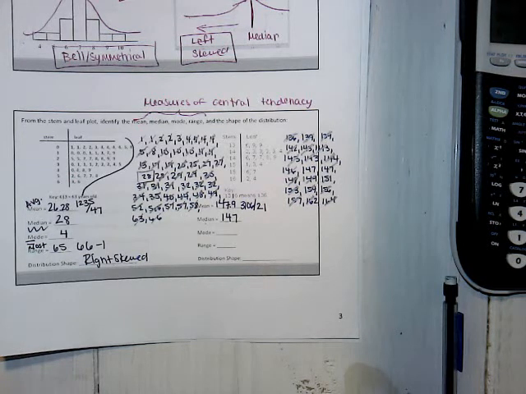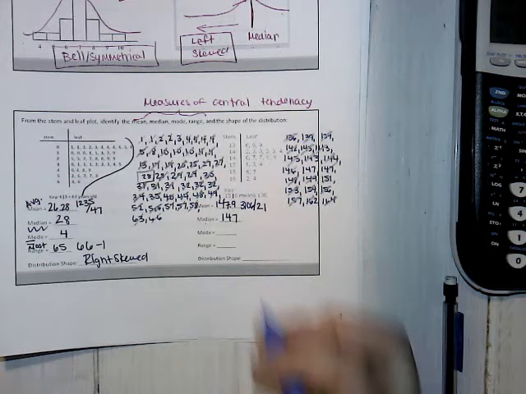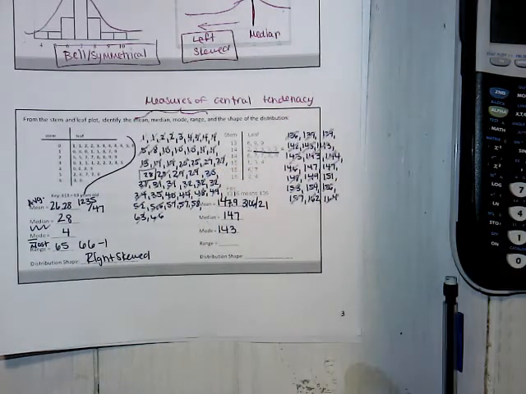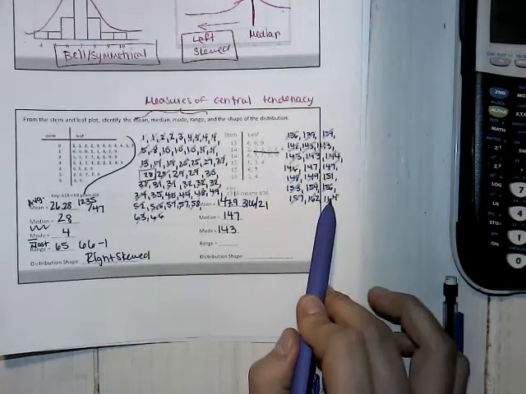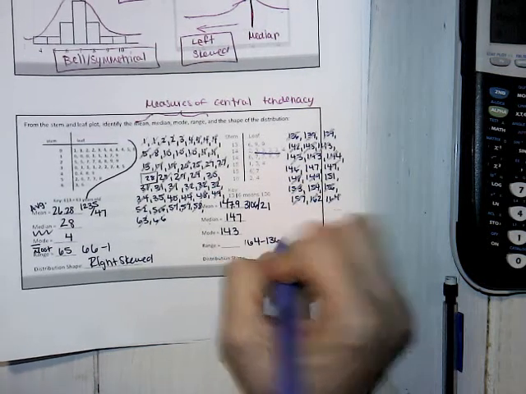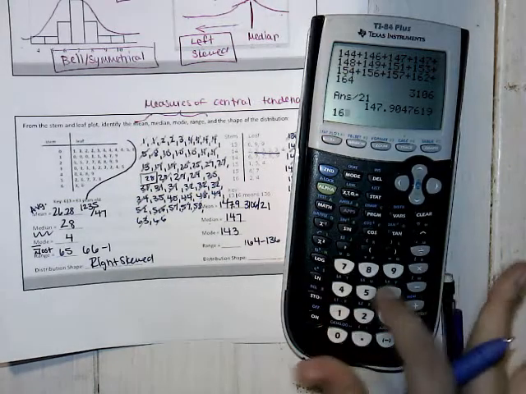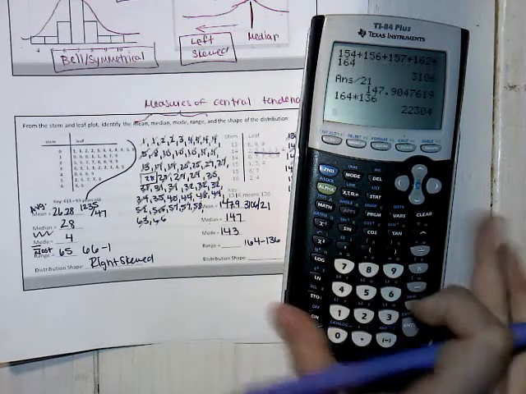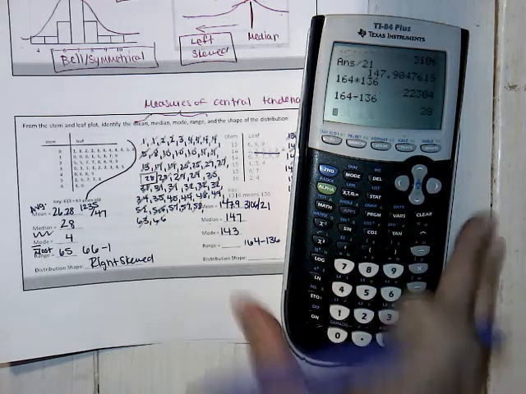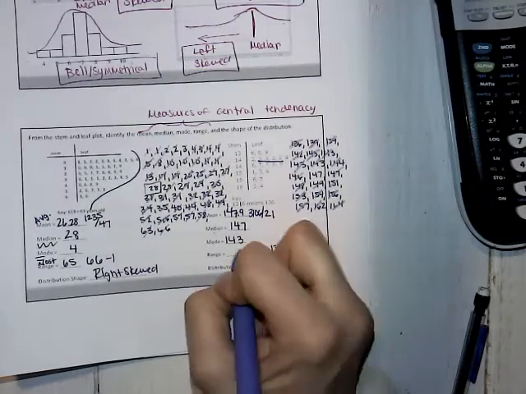Your mode, your most often, I see 4 143s here, so I think that's my most often. I range from 164 to 136, so I do 164 minus 136. Not times 136, I do minus that, and I get 28. So the data range is 28.